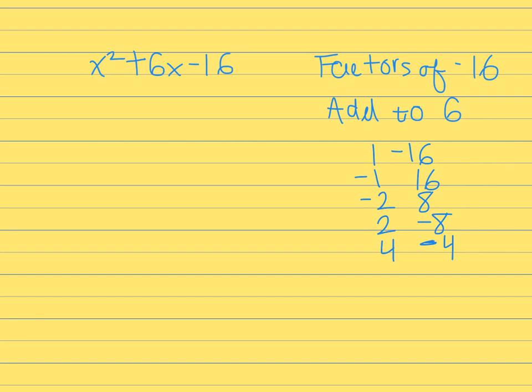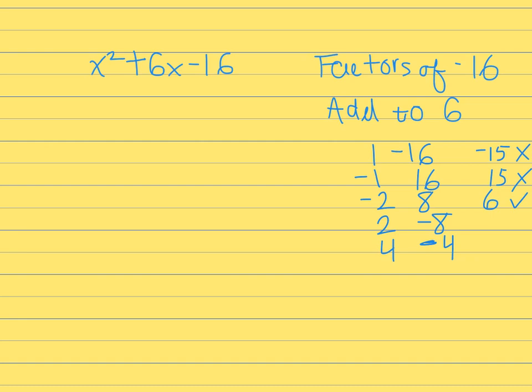Now, let's figure out which one of these add up to 6. Let's go down the list. 1 plus negative 16 is negative 15, so that's not it. Negative 1 plus 16 is a positive 15, and that's not it. Negative 2 plus 8, yeah, that's 6, so we found it.